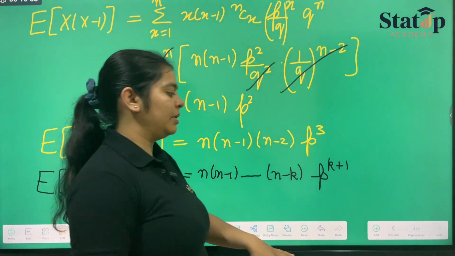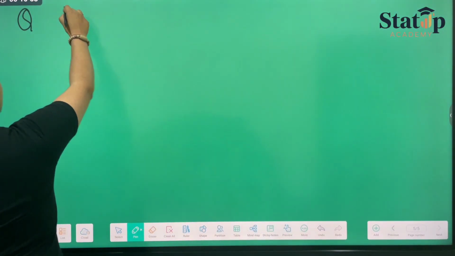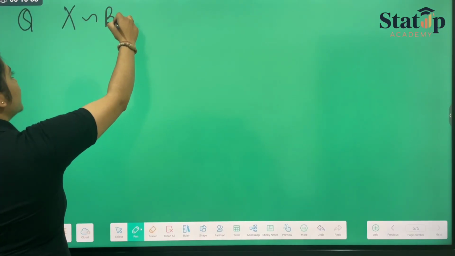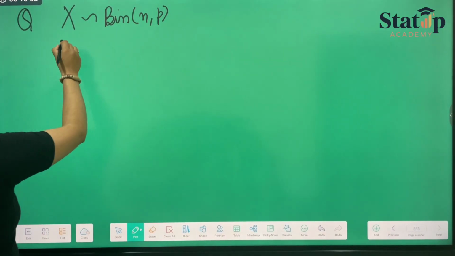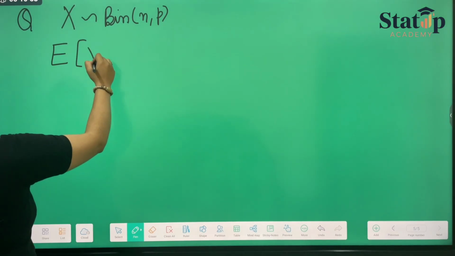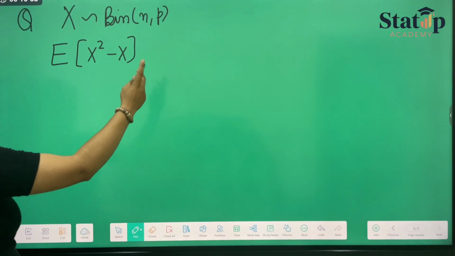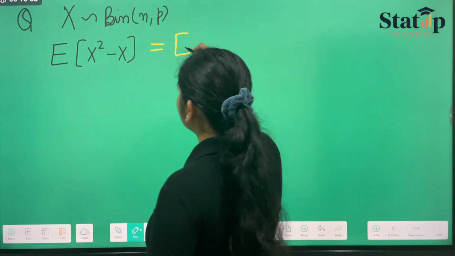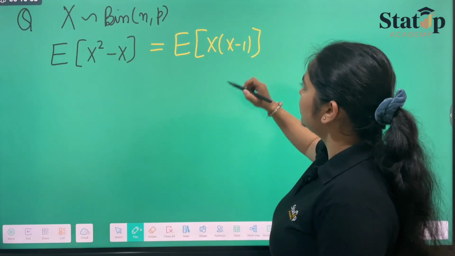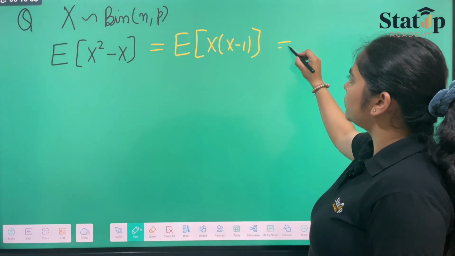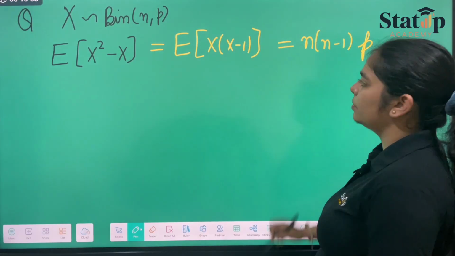Now suppose in examination they ask you, suppose the question is that x follows binomial distribution with parameters n and p, and we have to find expectation of x squared minus x. Now from here we can see that this can be converted to expectation of x into x minus 1, right? And we all know that expectation of x into x minus 1 is nothing but n into n minus 1 into p square.